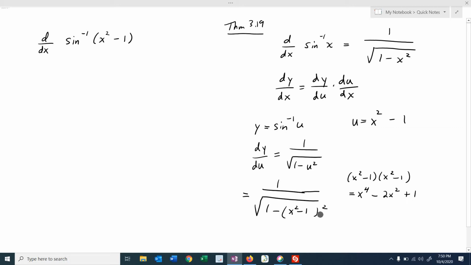So that's going to be our outer derivative. Then our inner derivative, du dx, is just 2x.